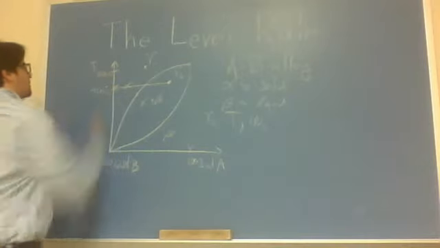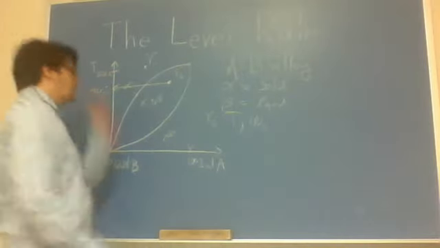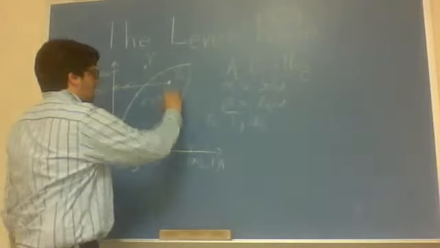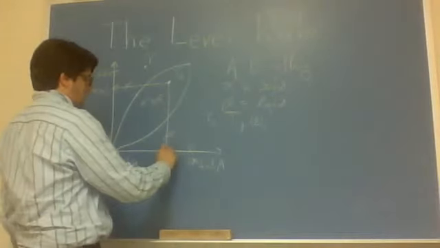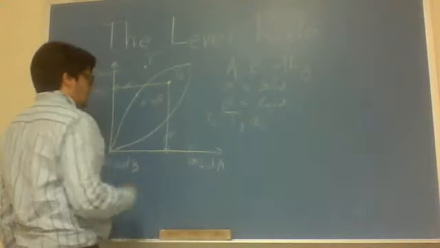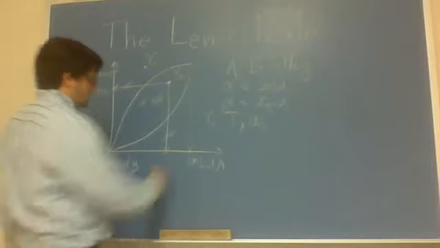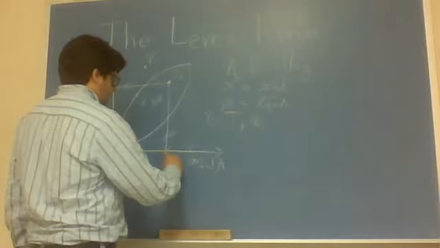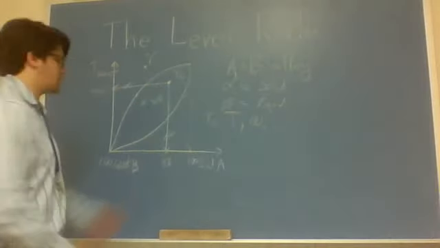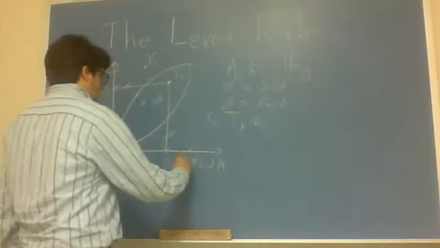Then we draw a vertical line and approximate what that is. So this is approximately 80%, so this would be 80% weight A.